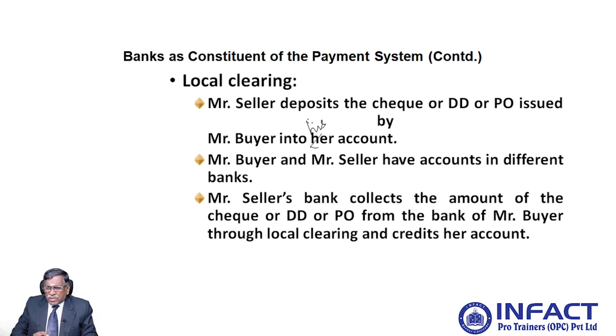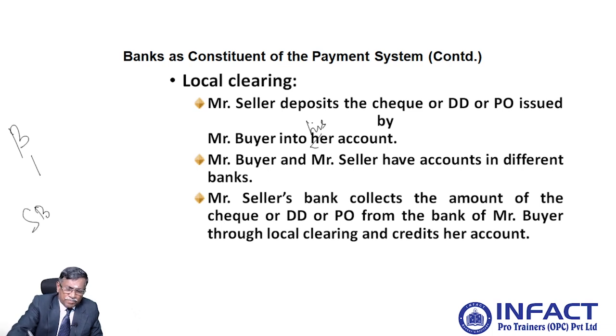The seller deposits the check or the DD or the pay order into his account. In this case, the buyer and seller have two different banks. We will consider the buyer is with SBI, whereas the seller is with Canara.